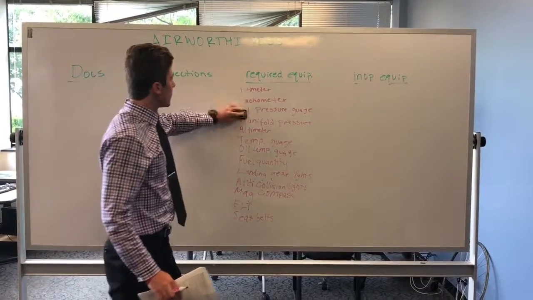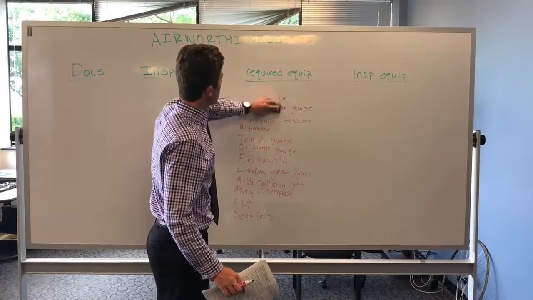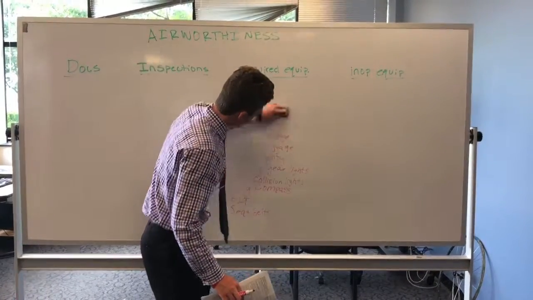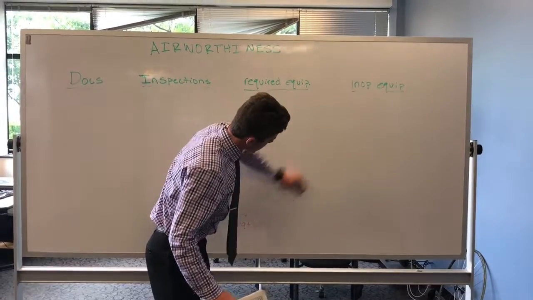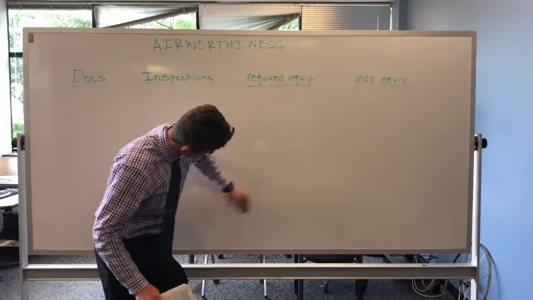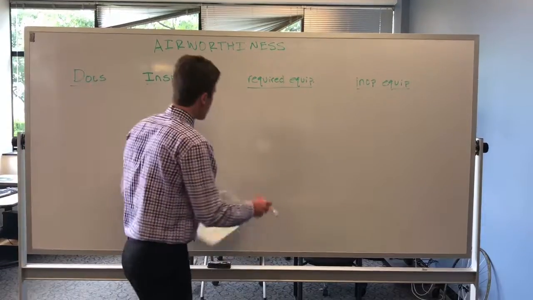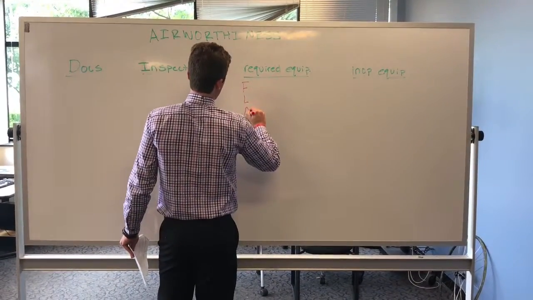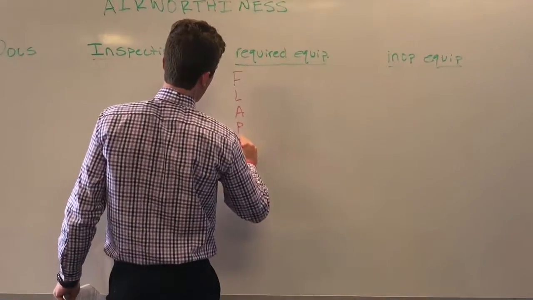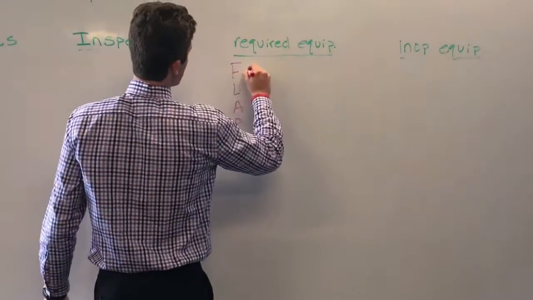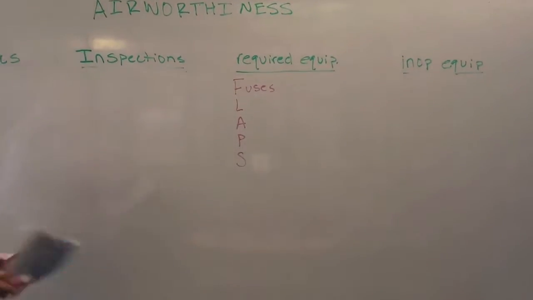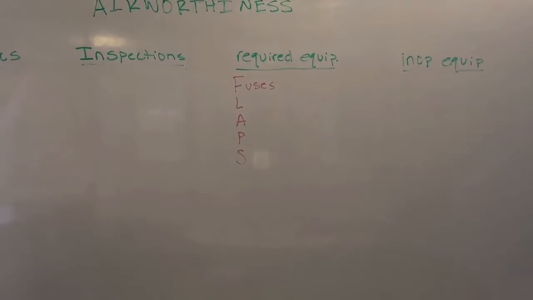Now with ATOMATOFLAMES, at night, you need the acronym FLAPS. You need a little bit more equipment to fly VFR at night. So we need fuses, which is either one of the same set or 3 sets, I believe.